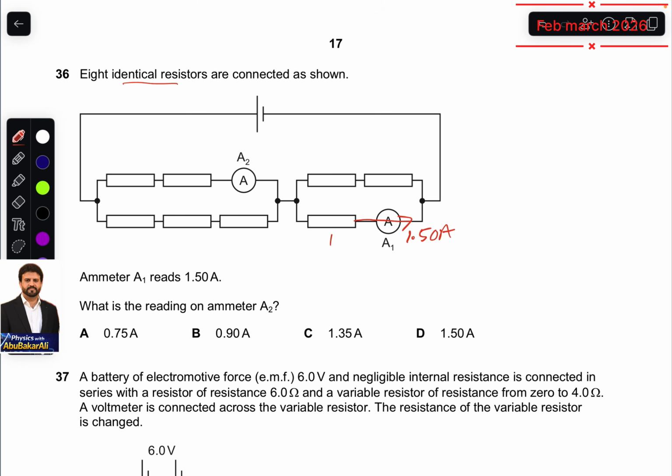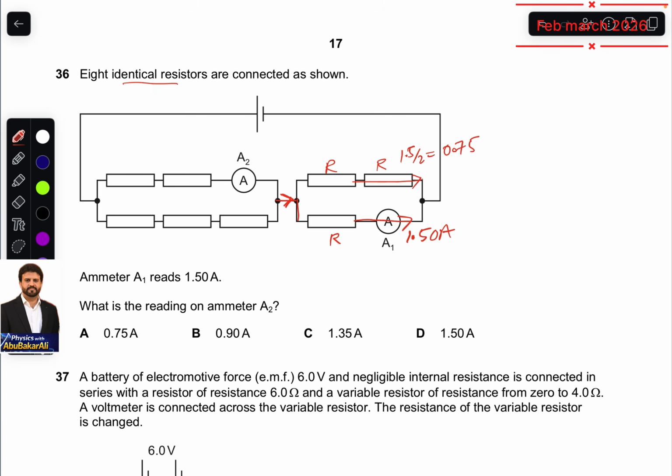So if there is a resistance R, there is R and there is 2R. When the current is coming from here, the current has two choices. It will split. It will go where the resistance is less. So if it is going here 1.5, at this point the resistance is double, so the current will be half, 1.5 divided by 2, that will be 0.75.